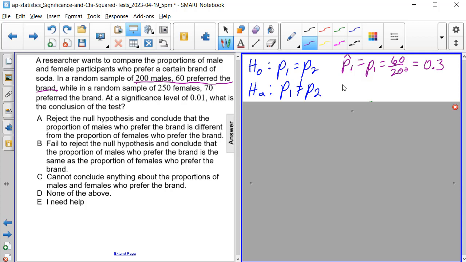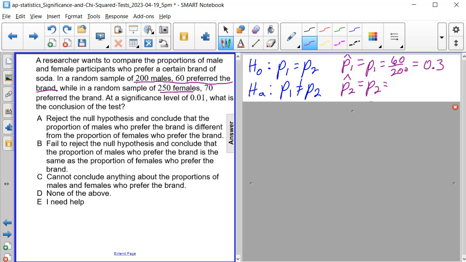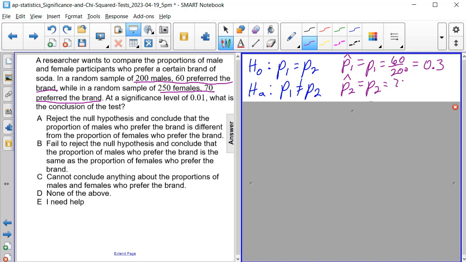Now let's try to find our P2 hat value, which is equivalent to P2. That's going to be the 250 females. That's our total, and out of them, 70 preferred the brand. So we have 70 divided by 250.